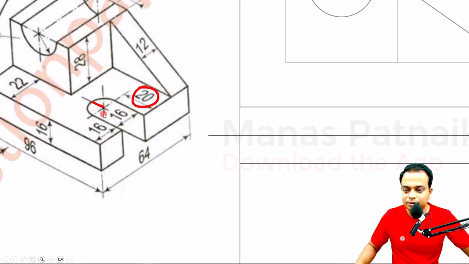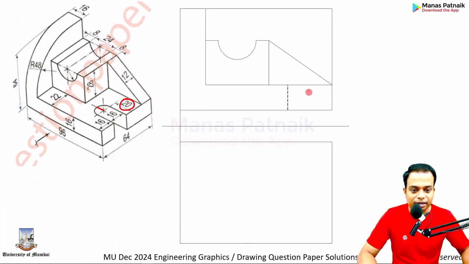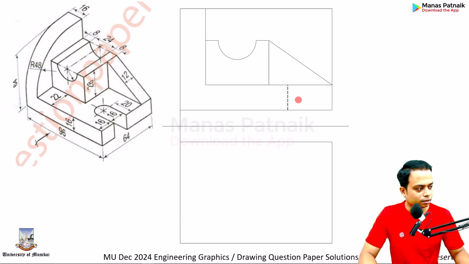How much is it? So, sir, this happens to be 16. Half of 16 is 8 to the right of center, 8 to the left of center, 8 here also. It happens to be the radius. So basically it is 20 plus 8, that is 28. So at a distance of 28, you can make this hidden feature with the help of a dashed line. Done. Okay. So far so good.